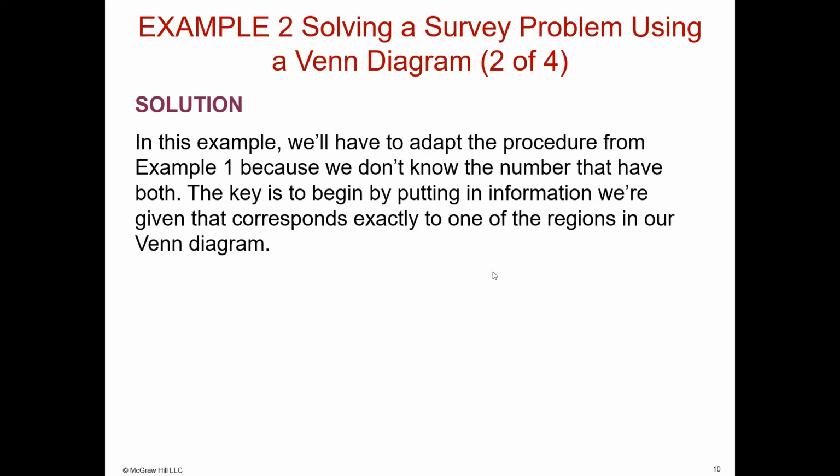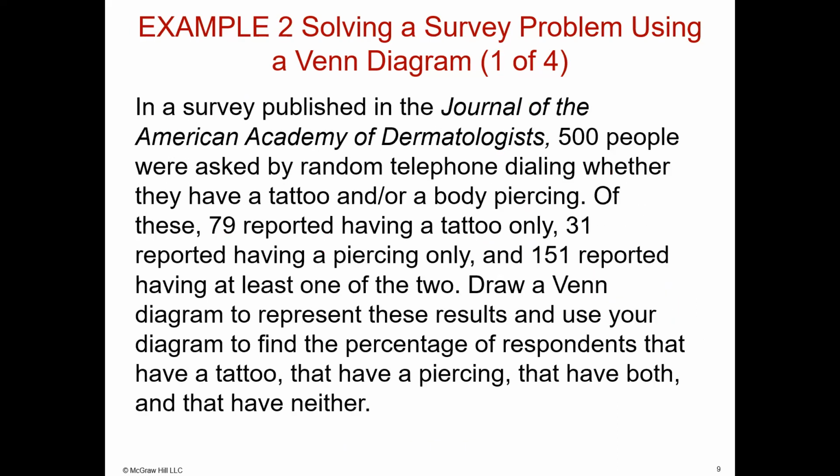Now, to begin to populate the regions, we're going to work backwards again through our problem. Maybe begin with this number first. It said that 151 of the 500 people that responded to the survey reported having at least one of the two.